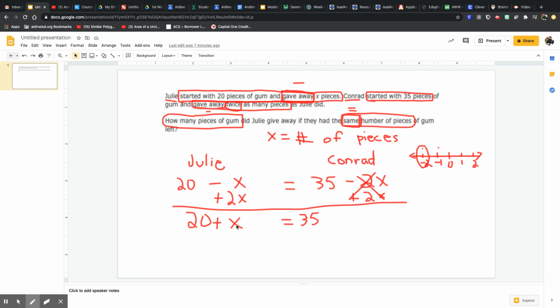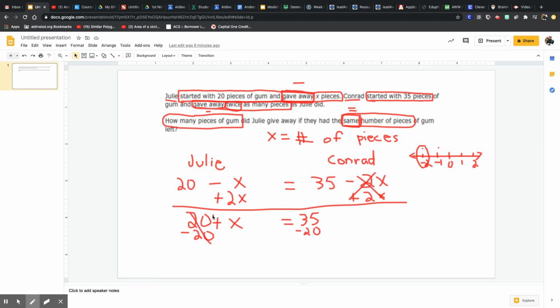Now that I've got all my x's on one side of my equal sign, I need to cancel everything else that's on this side. Right now my variable is being added by 20. I've got this plus 20 right here. To get rid of a positive 20, I need to subtract 20, because whatever I do to one side, I'm going to do to the other. 20 minus 20, if I put that in my calculator, I better get 0.